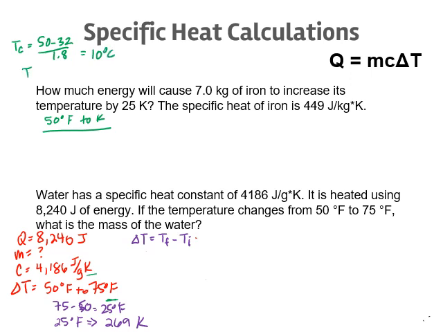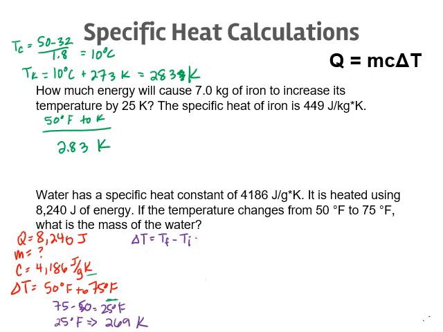To convert that to Kelvin, it is 10 degrees Celsius plus 273, which gives us 283 Kelvin. So 50 degrees Fahrenheit to Kelvin gives us 283 Kelvin.